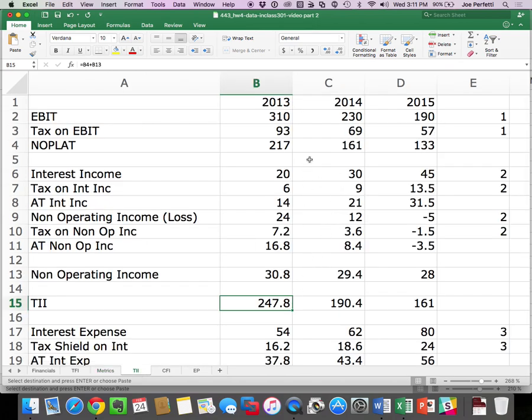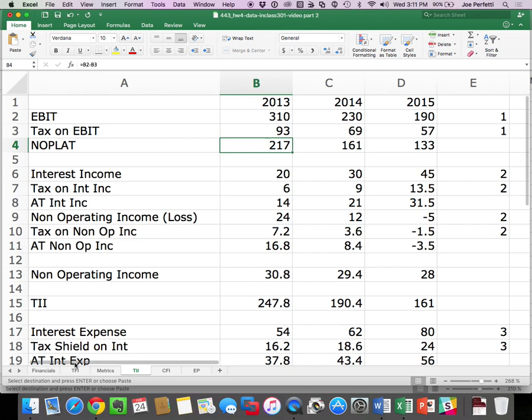It's not NOPLAT. That's why we put in a custom field of EBIT after tax. Because what they're doing is they're taking profit and taking out the adjustments for interest. They're not taking out the non-operating items in Bloomberg. So we would have called that TII.